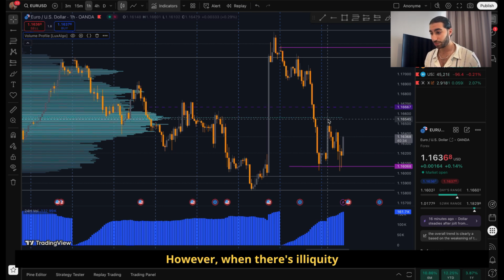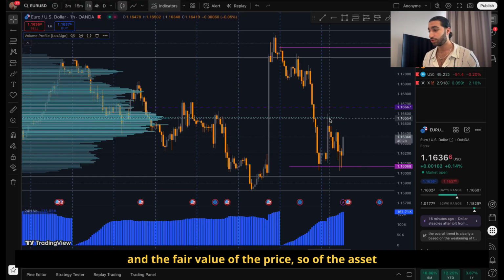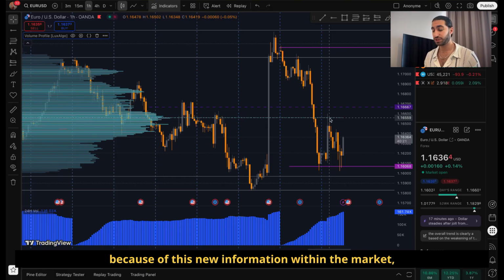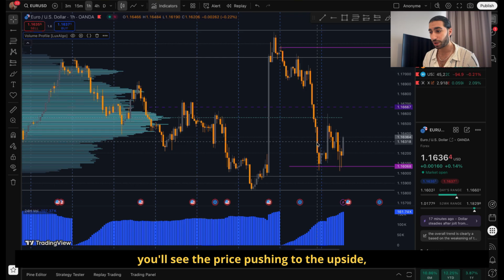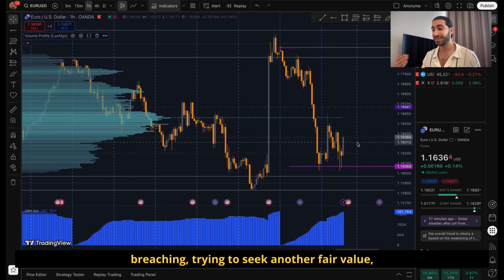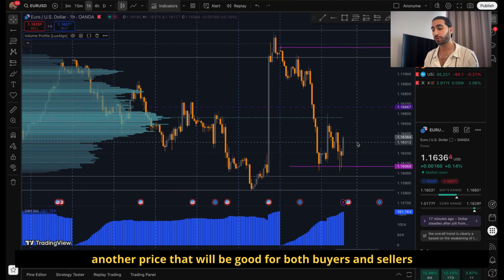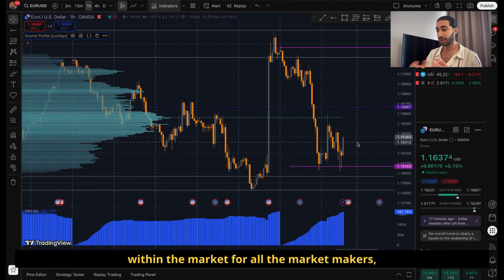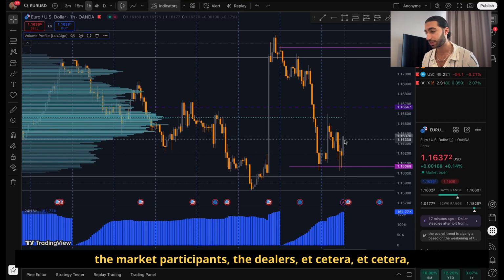However, when there's illiquidity or new information in the market and the fair value of the price, so of the asset, or the point of control or the consensus price change because of this new information within the market, you'll see the price pushing to the upside, pushing to the downside, breaching, trying to seek another fair value, another price that will be good for both buyers and sellers within that market, for all the market makers, the market participants, the dealers, etc., right?